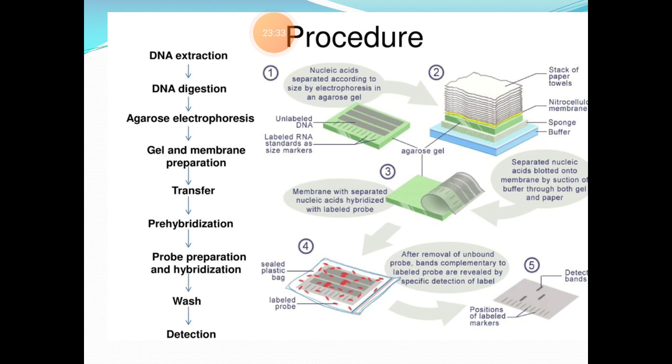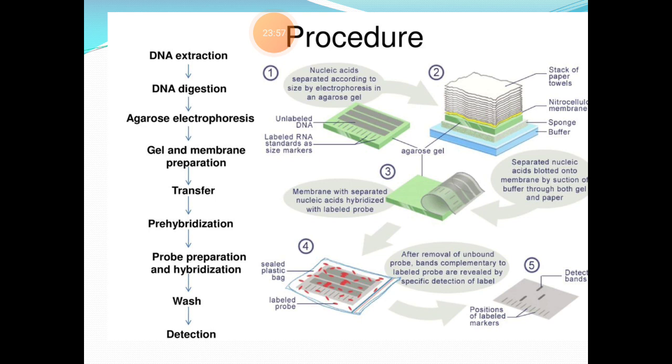Then in the figure, step 4, you can see that the NC paper is put in a sealed plastic bag which contains hybridization solution and probes, right? That is pre-hybridization, and here probe preparation and hybridization take place.